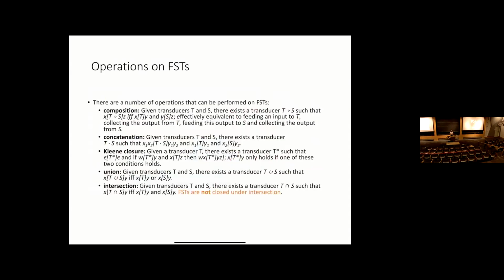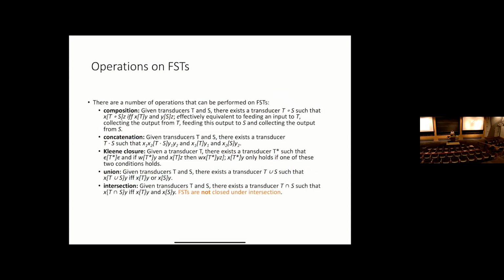Well, you can do a lot of things with FSTs. There are a lot of operations that you can perform on them: composition, concatenation, Kleene closure, union, and intersection. So composition is the most important of these.